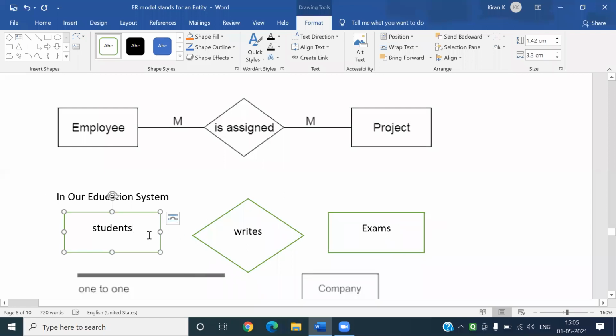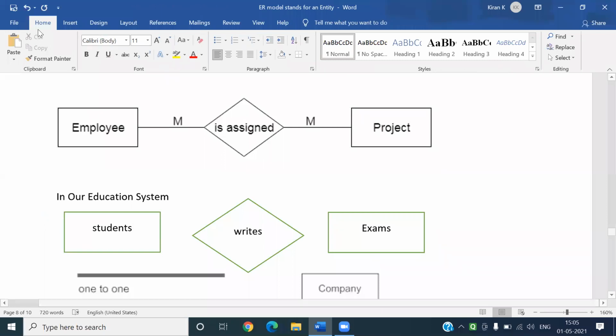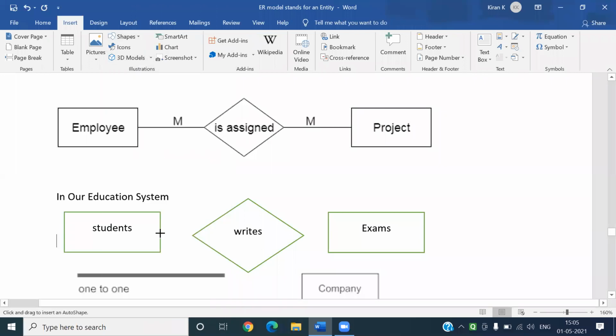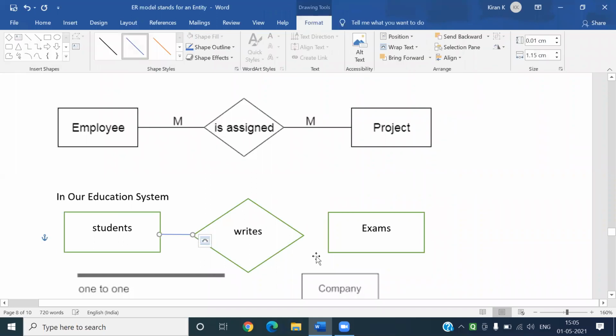So one student will have many exams. Am I right? One student writes many exams. And in the same manner, one exam is written by many students.